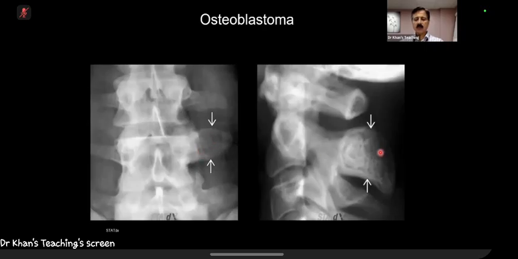This is another example. And you will agree that in this particular case, the lucency is not complete and there is a bit of osteoid matrix. So you should not confuse it with an ABC. But if it is completely lucent, of course, then you might confuse it with an ABC.